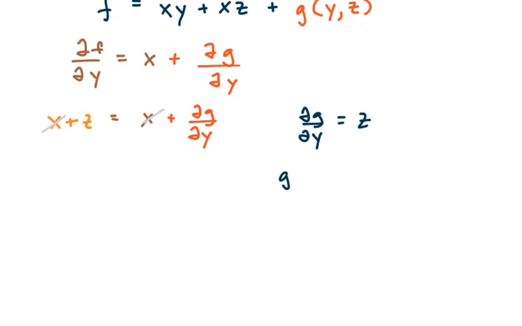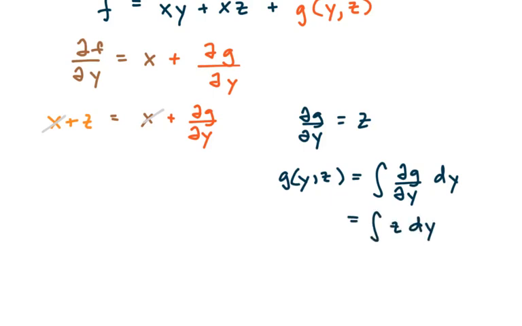So g of y, z equals the integral of partial g with respect to y integrated with respect to y, or rather the integral of z integrated with respect to y, which gives me zy plus a constant.